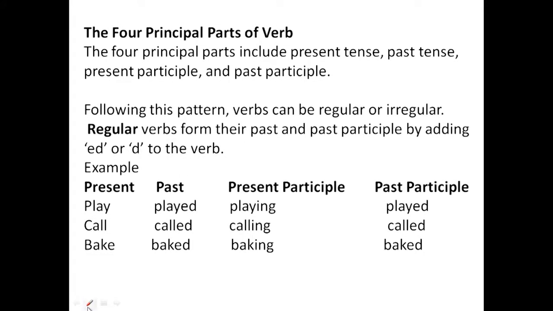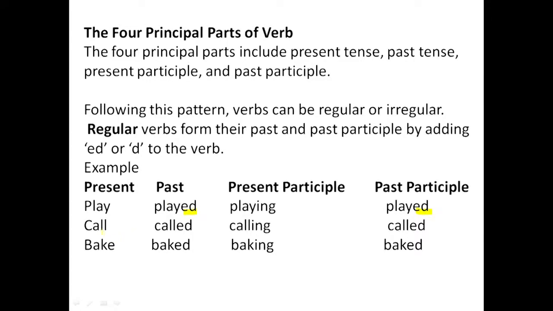So you see that for the past tense we have ed for played. For the past participle we have the same thing again. So play is a regular verb. Any verb that can take ed or d for these two components is a regular verb.